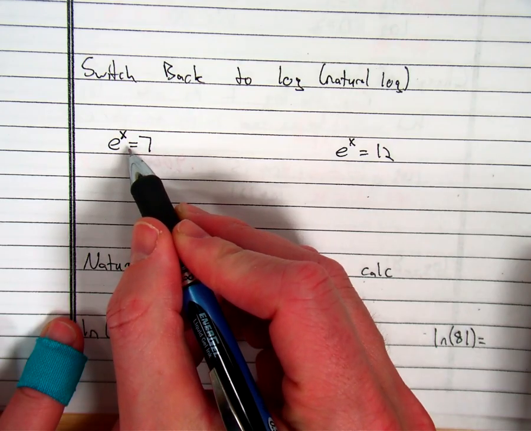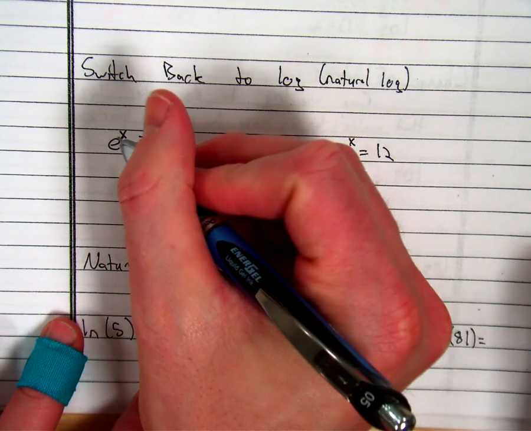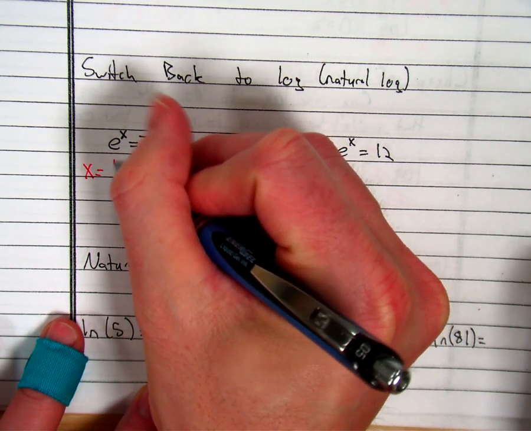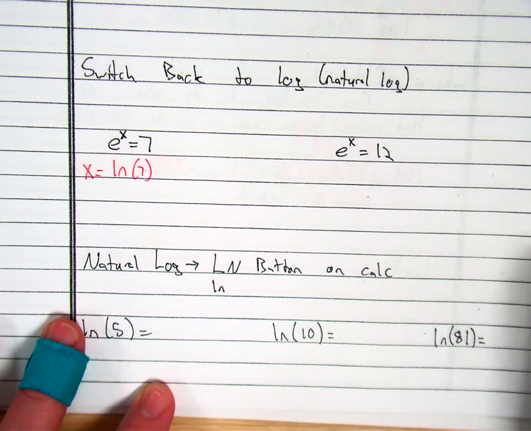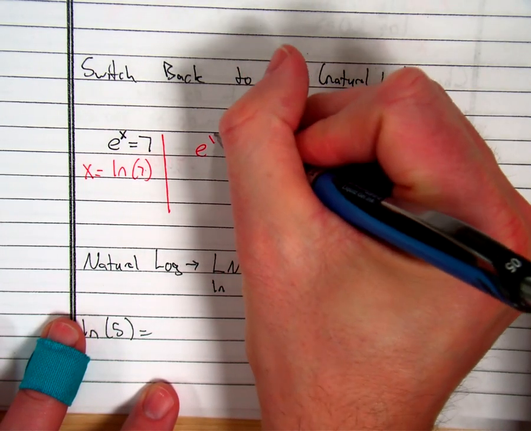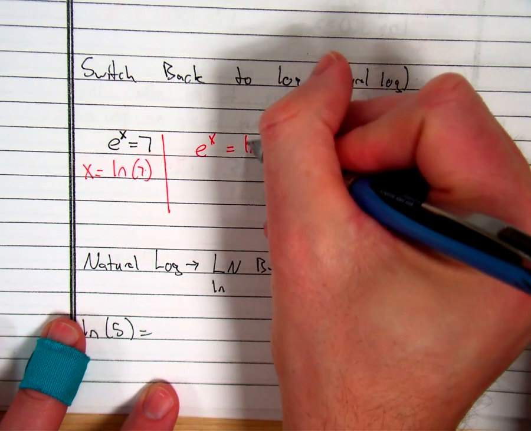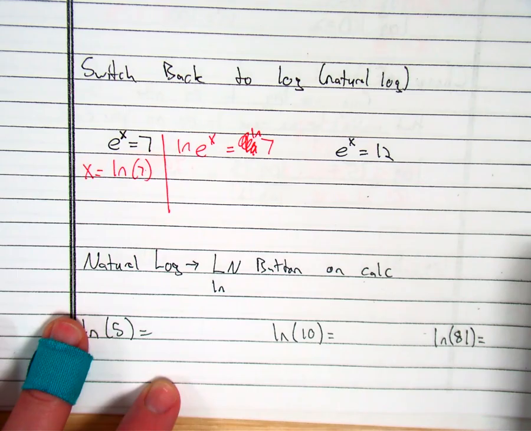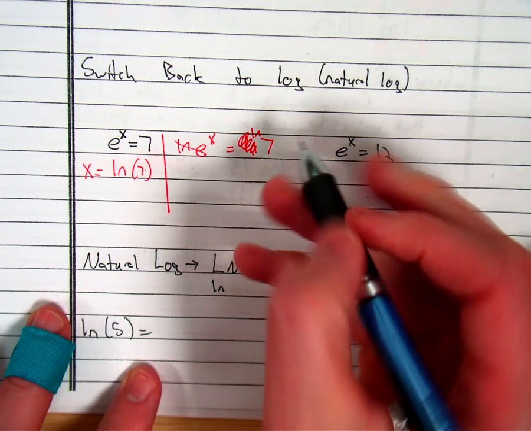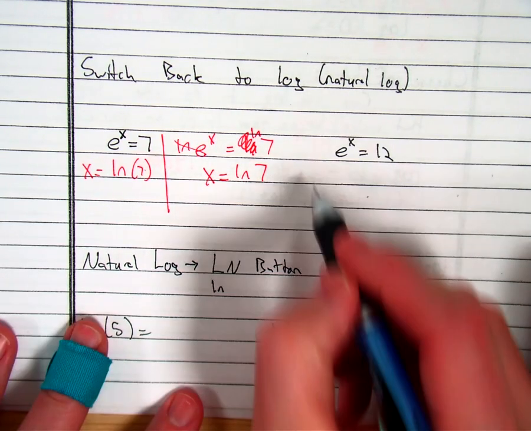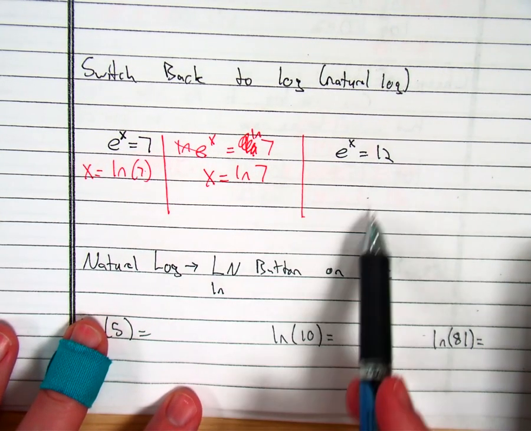So we could go with x equals log base e, or natural log, of 7. Or we could do another new trick: the natural log of both sides. Just like the other time, natural log and e cancel out, and we have x equals natural log of 7. Let's have you try either way.